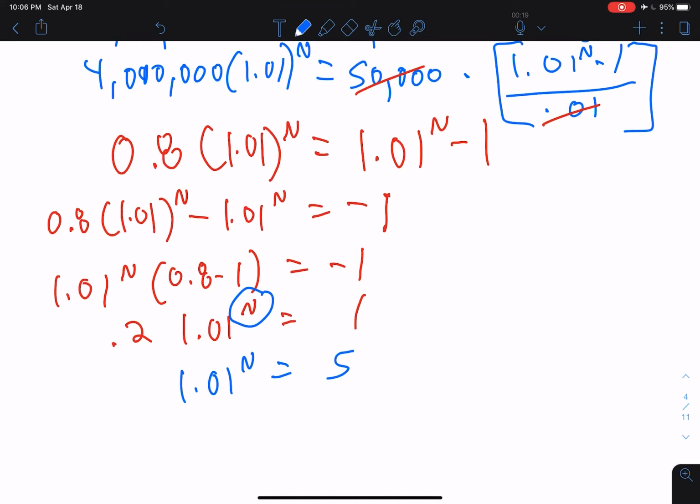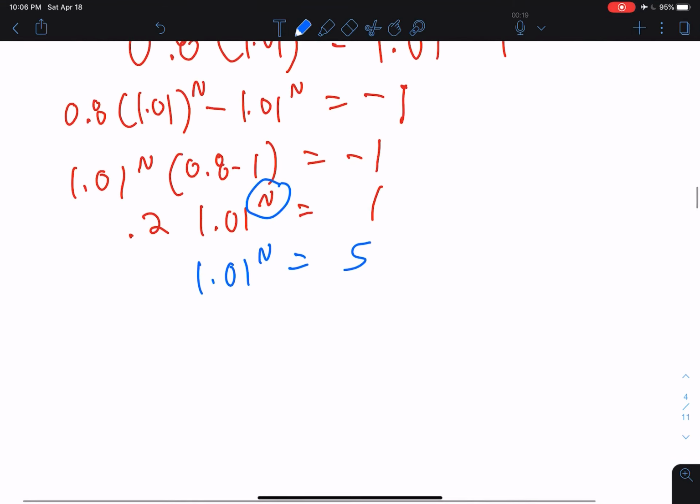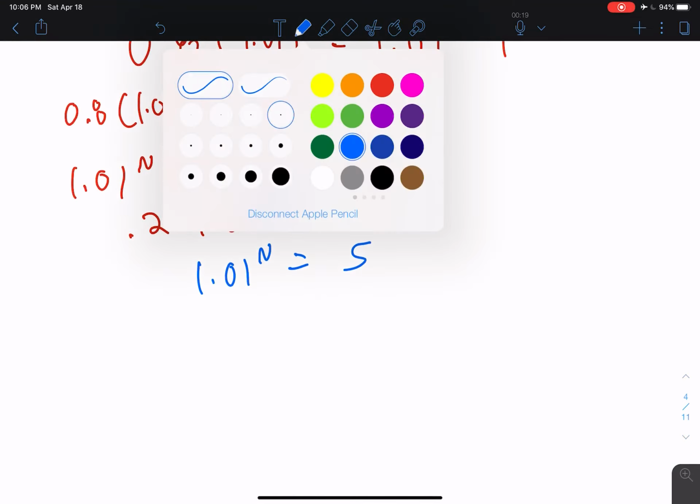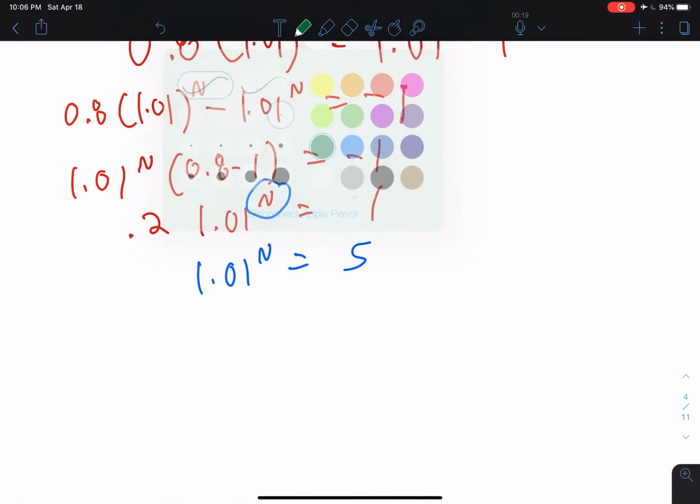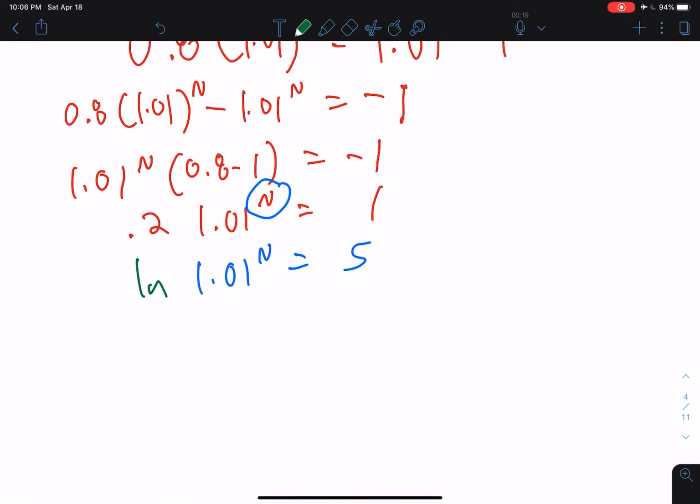And now we'll take advantage of the natural log. So now what I'm going to say, I'll just do this in green. I'm going to say that the natural log of this equals the natural log of that. As long as you do the same thing to both sides of the equation, the equality still holds. And now we know the natural log of 1.01 to the nth power is equal to n times the natural log of 1.01.